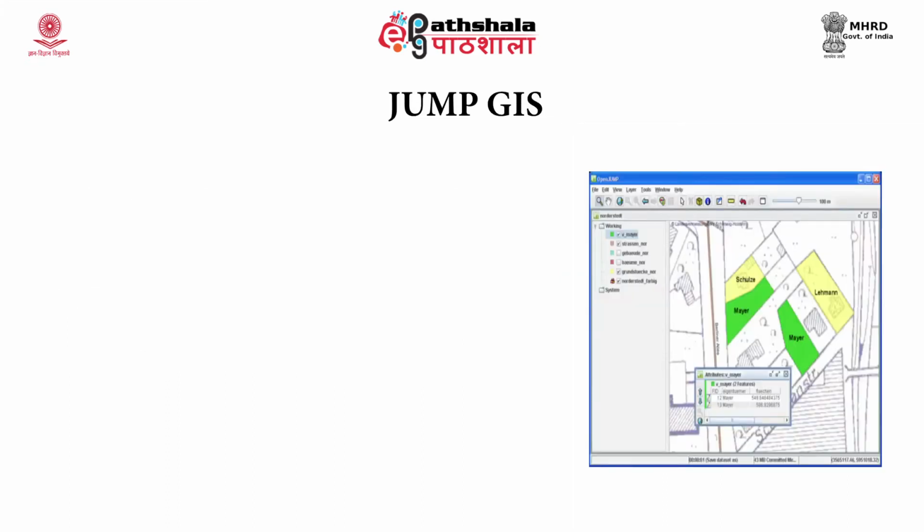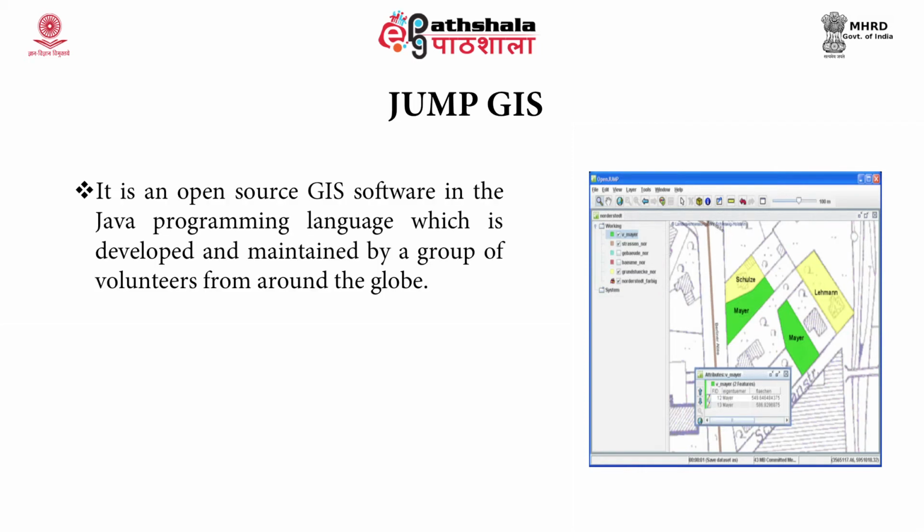Another commonly used software is an open source GIS software in the Java programming language. This is developed and maintained by a group of volunteers from around the globe. Its latest version is 1.11, released in April 2017.